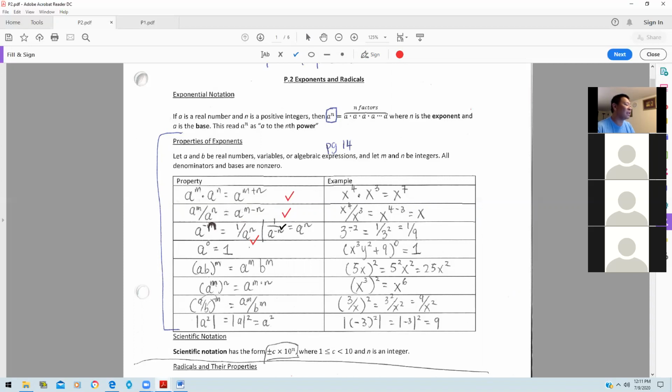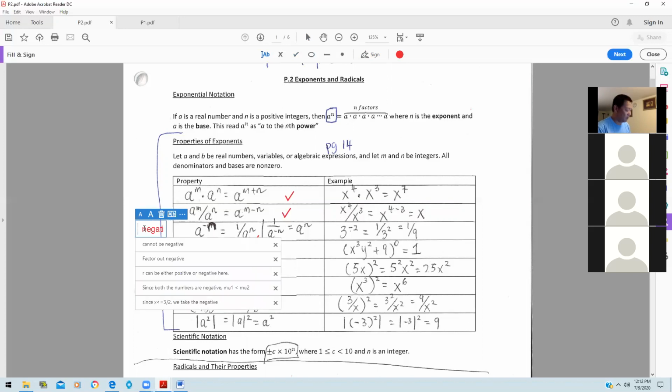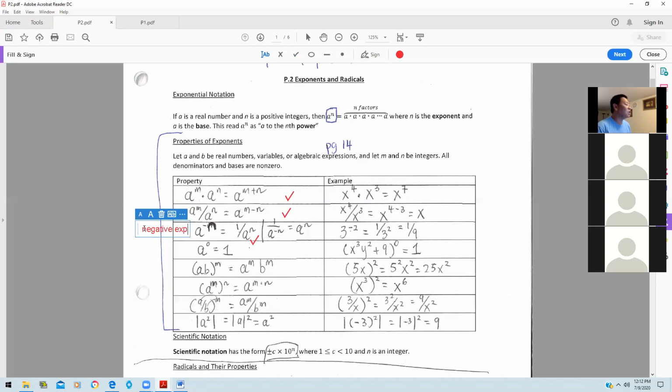1 over a to the negative n means that, in other words, if your negative exponent is in your denominator, you can always move it up to your numerator. If you have a negative exponent, you just flip-flop your denominator with the numerator.